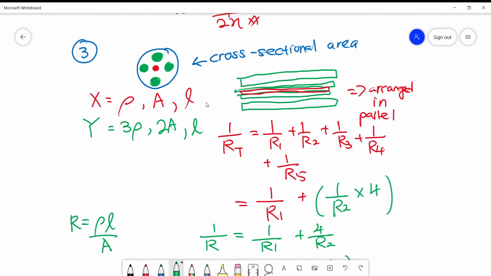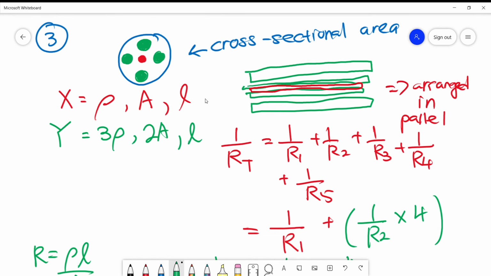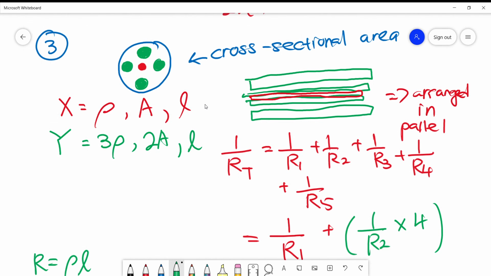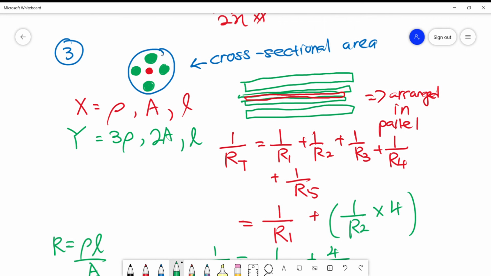I think in this part the most difficult thing is determining whether the wires are arranged in series or parallel. In this case, to be obvious, the wires are arranged in parallel.